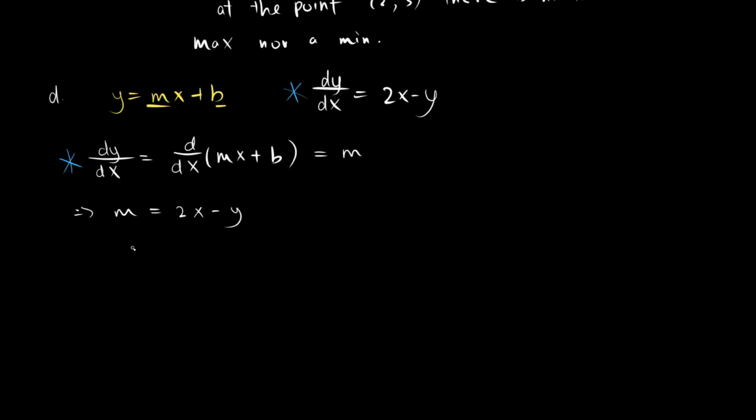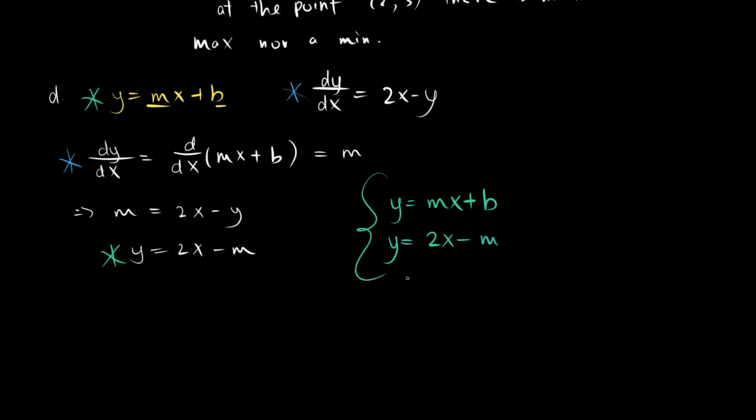So this becomes y is equal to 2x minus m. Now let's once again put these two equations side by side and take a look at them. y is equal to mx plus b, as given by the first equation, and y is also equal to 2x minus m, as given by the second equation.